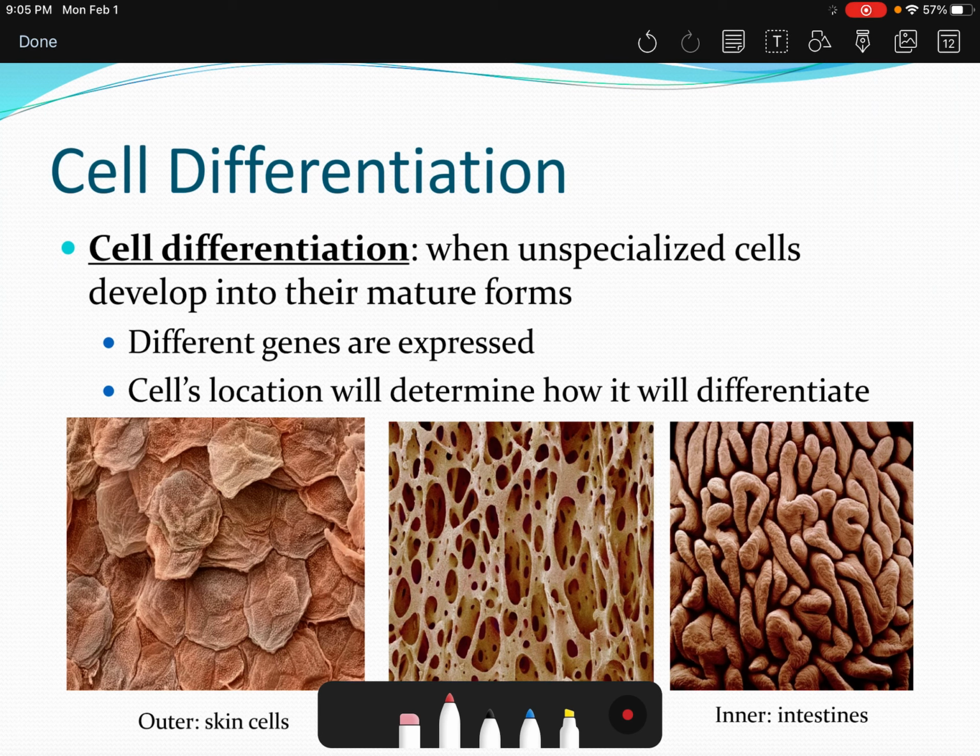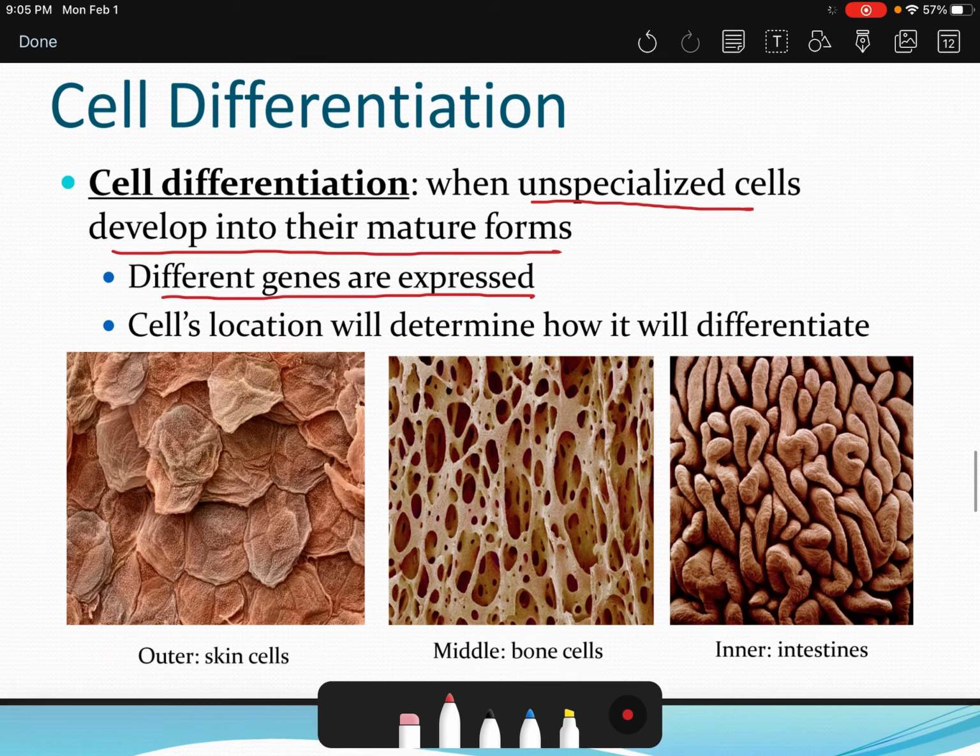Another term you need to be familiar with is cell differentiation. This is when unspecialized cells develop into their mature forms, right? What causes that to happen is that different genes are expressed. Remember, all of your cells have the same set of chromosomes. All of your body cells have the same set of the 46 chromosomes.